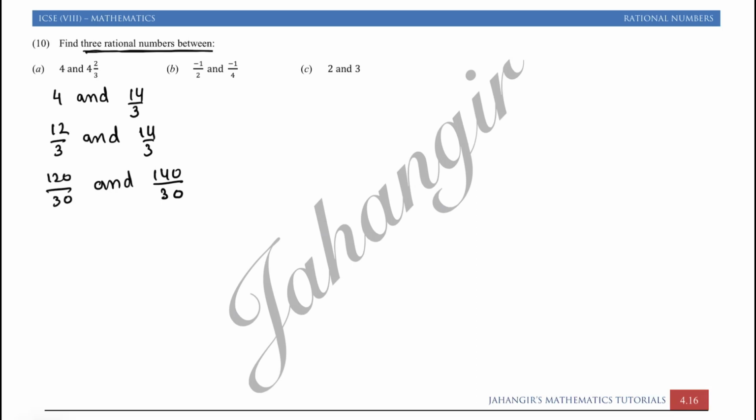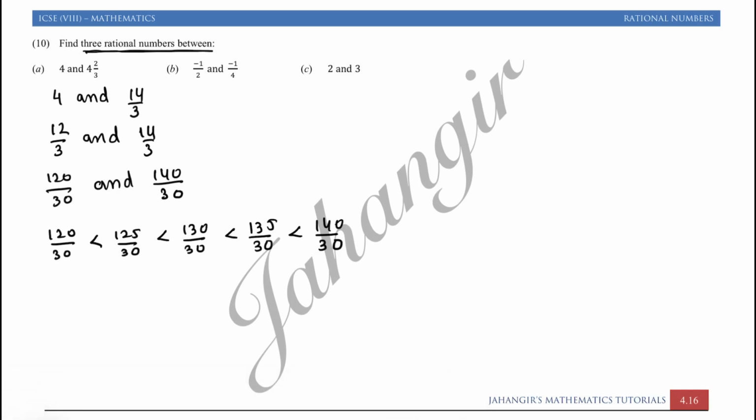So now we have many numbers. Out of that you can select any 3 numbers. 120, 125 by 30, 130 by 30, 135 by 30 and 140 by 30. Do remember to write the last step in the simplest form.